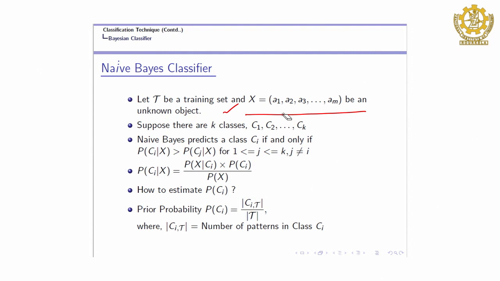Now, instead of a 2 class problem, consider there are k classes starting from C1 to Ck. Now, you apply the naive Bayes and predict a class Ci if and only if this is satisfied.